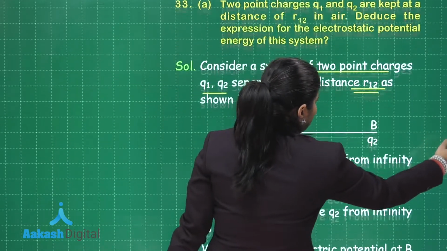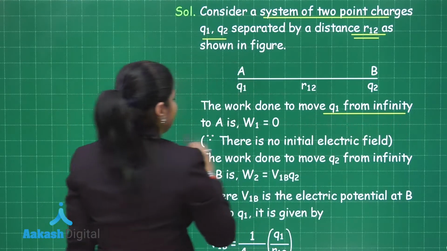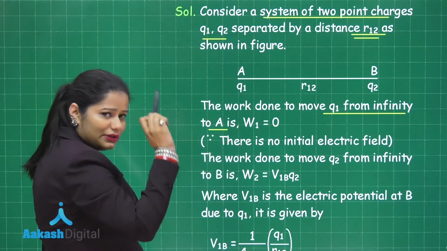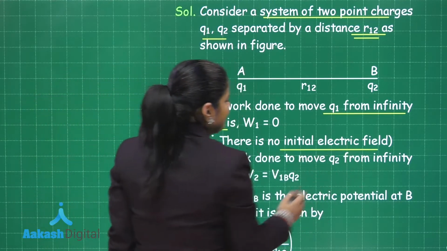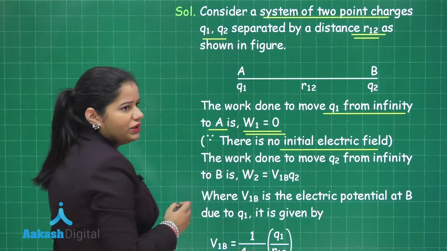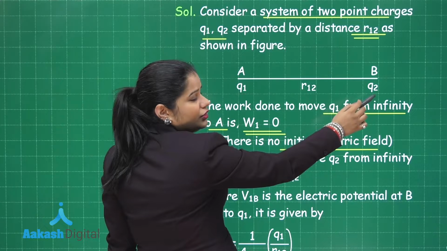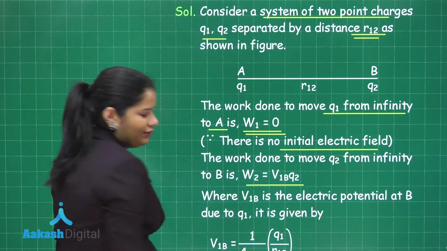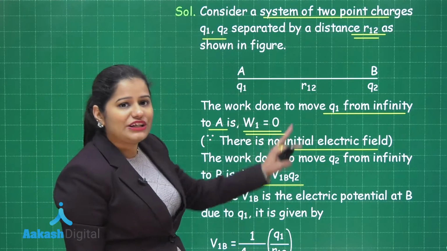Now we need to find out the work done when we move Q1 from infinity to point A. Because when we have moved the charge Q1 from infinity to point A, there was no initial electric field and hence the work done was 0. On the other hand, for moving the charge Q2 to this point B from infinity, we have to do the work which will be equal to the charge multiplied by the potential at that point.